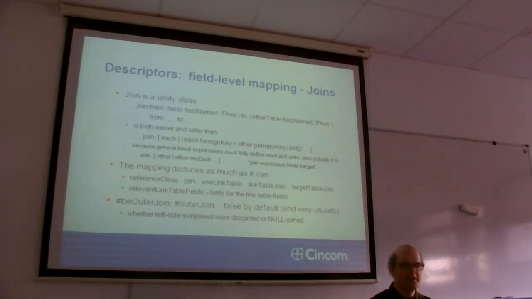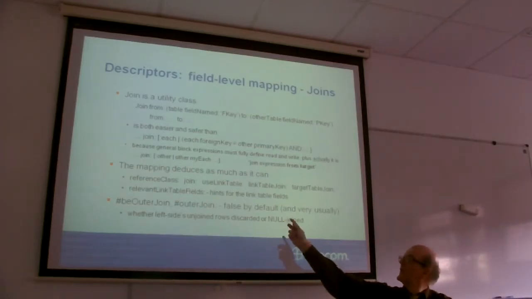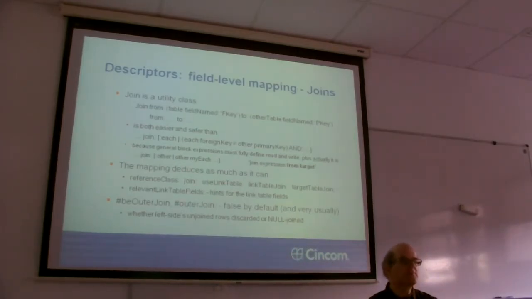It deduces everything it can. I showed you an example of reference class. You can simply give a reference class and not give a join at all. It'll work it out. You can give an explicit join. You can tell it, I know there's a link table, use the link table, find the link table, you can work it out for me. You can actually say, here is a link table join. I'm going to tell you how you join to the link table. Or you can say, here is a target table join. Or you can actually tell it the relevant link table to field.